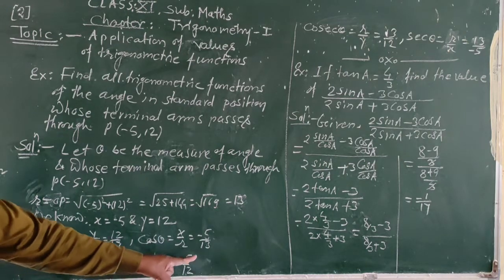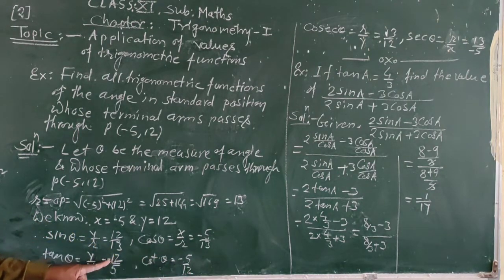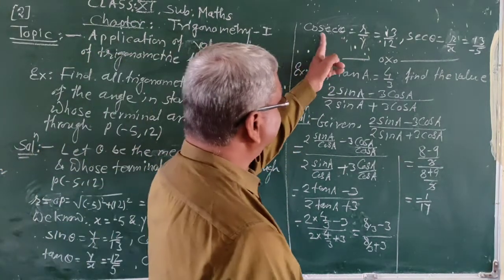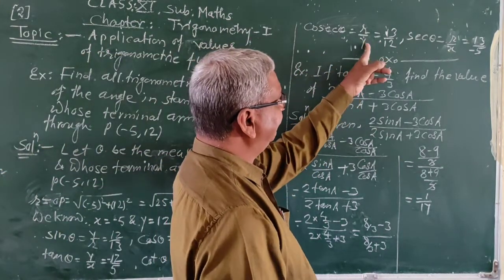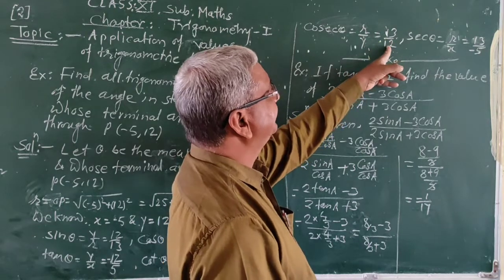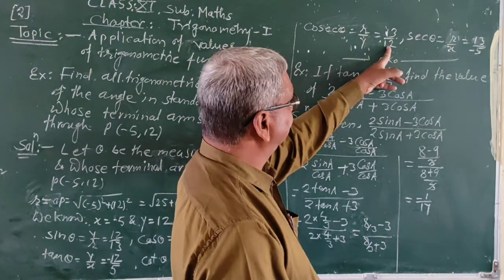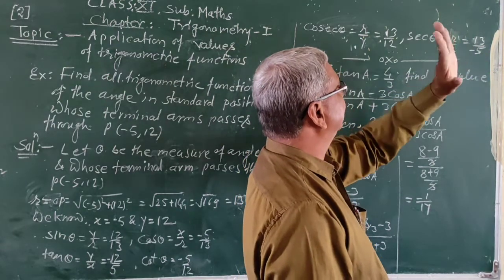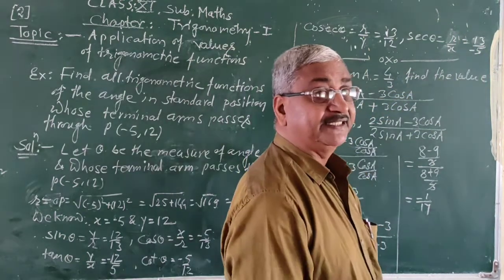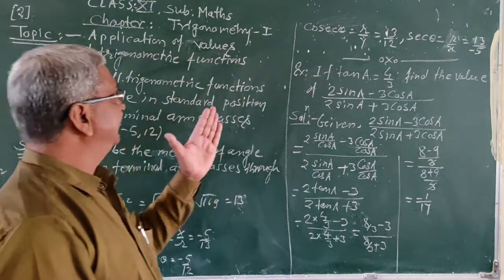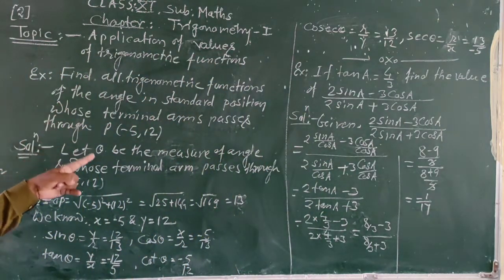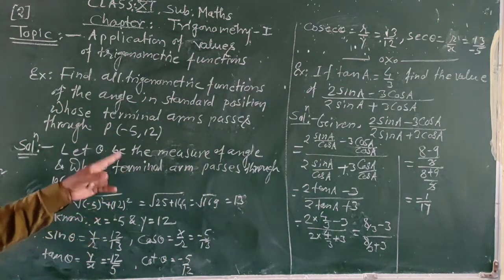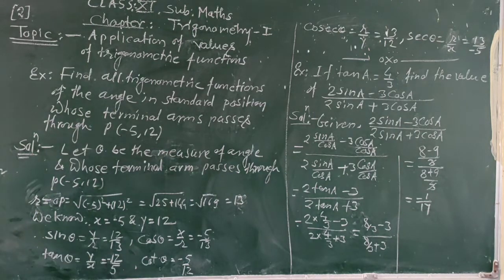Cot is minus 5 by 12, that is the reciprocal of minus 12 by 5. Similarly, cosec is r by y, and that is 13 by 12, and sec is r by x, that is 13 by minus 5, that is equal to minus 13 by 5. So in this way, you can find out the different trigonometric ratios with the given information.